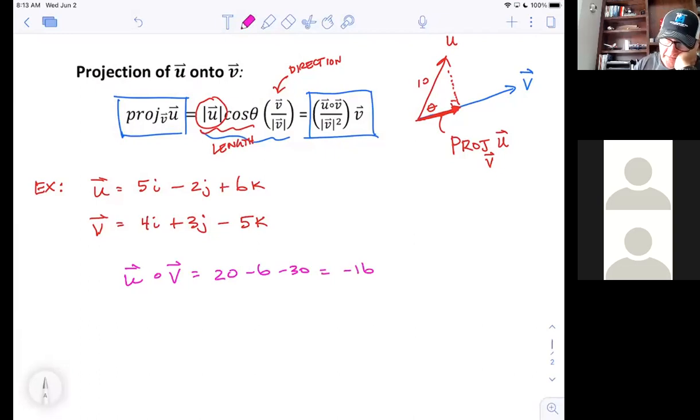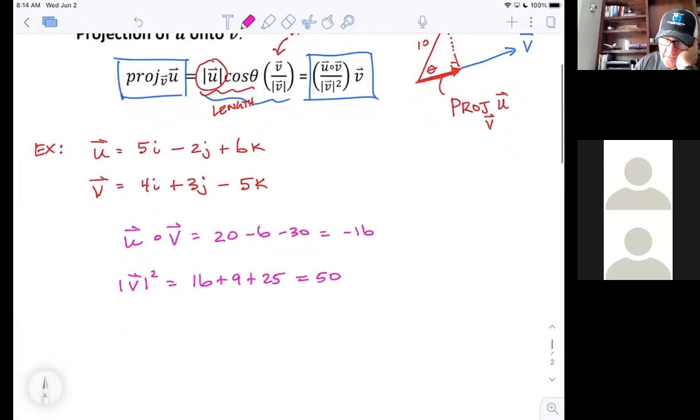And then we have to find the magnitude of vector V squared. That'd be 4 squared plus 3 squared plus 5 squared, which is 50. Normally I would square root it to find the magnitude, but this is squared, so that's actually 50. What we said yesterday was that just represents your multiplier.